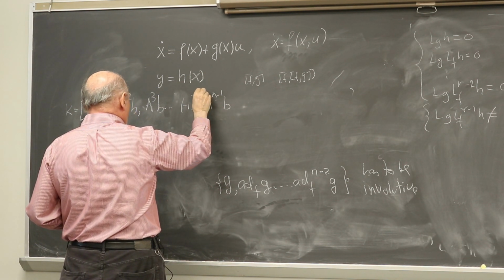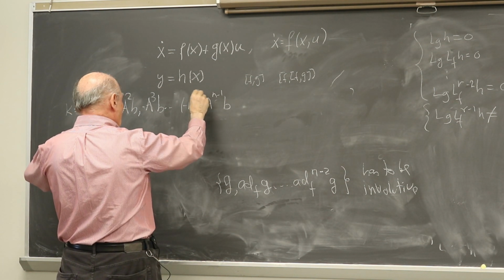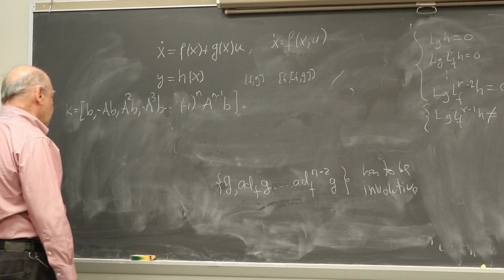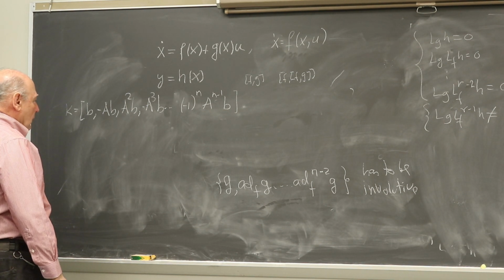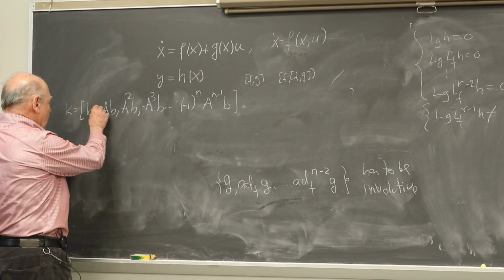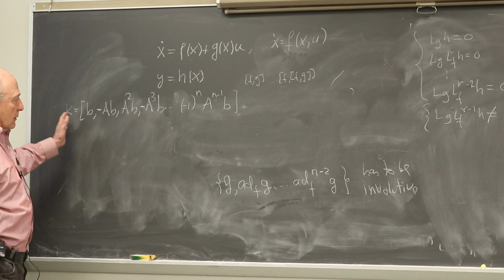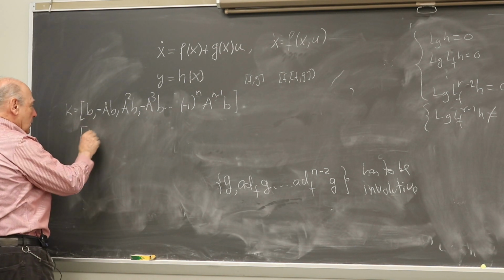I think it's for n equals 0, n equals 1, and so on. Something like that. The original Kalman controllability condition was plagued with all these minus signs everywhere, but it is trivial to show that this matrix and this matrix have exactly the same rank.